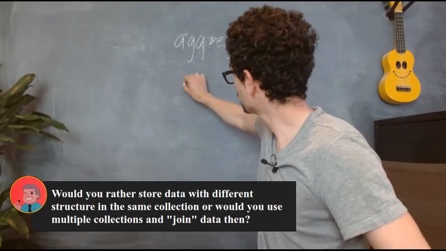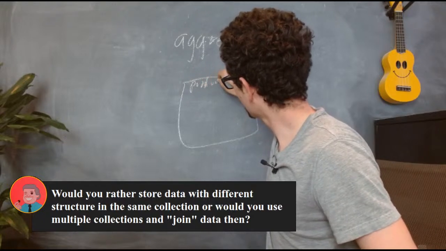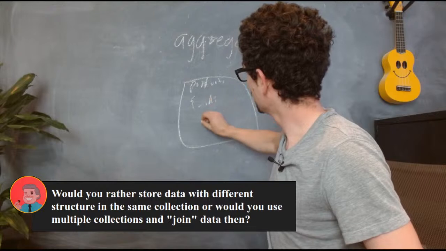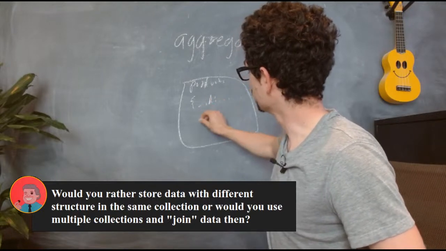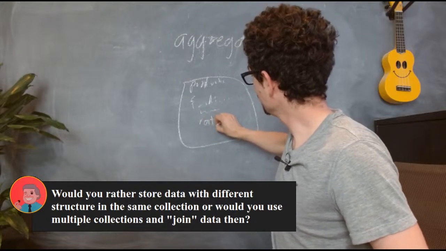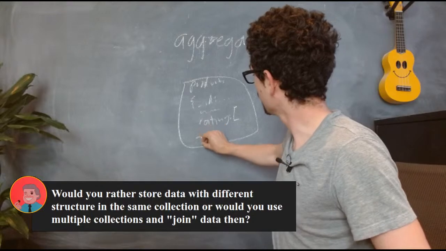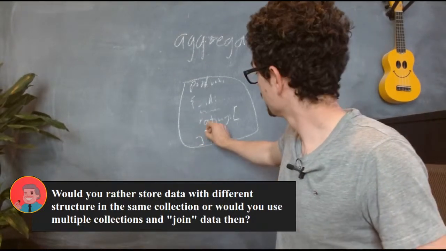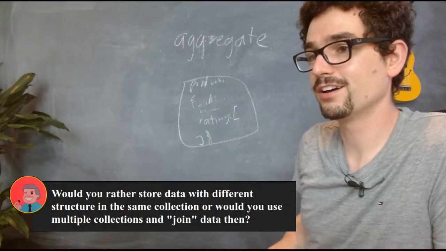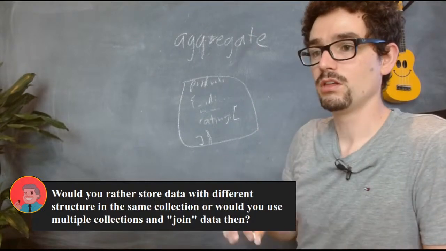The better approach would be to have one collection products, and each product has an ID, a name, a price, and then a ratings array. And in this ratings array, you then nest all the ratings. Then you have everything together that belongs together. So you store the whole thing.